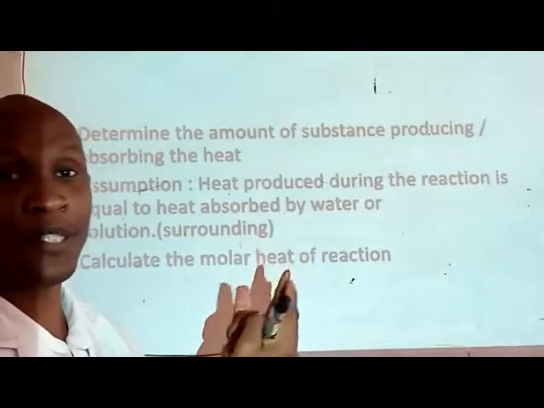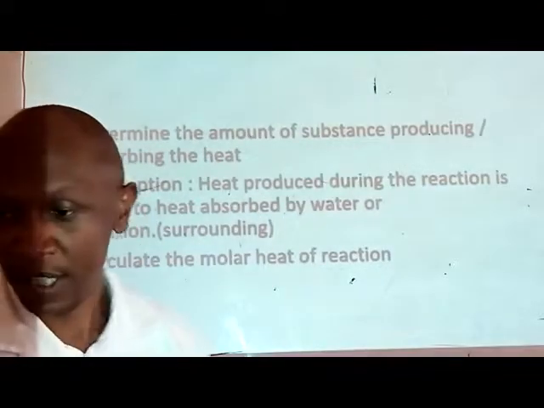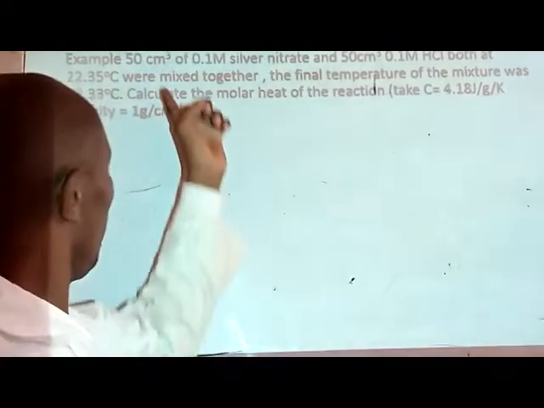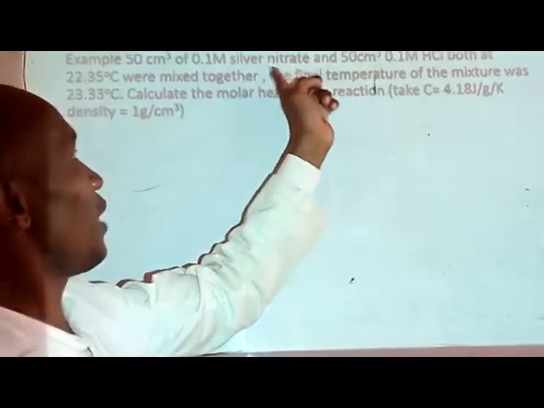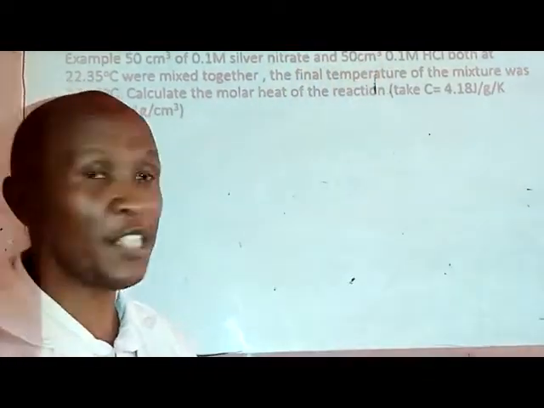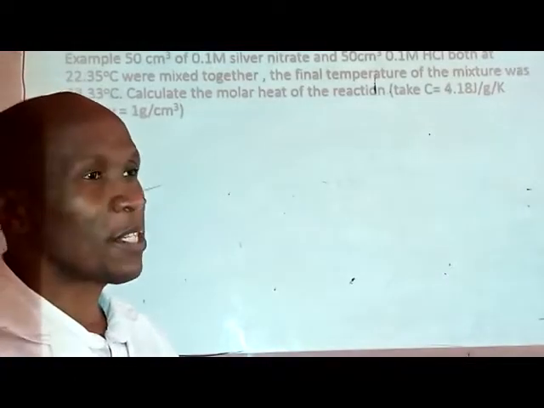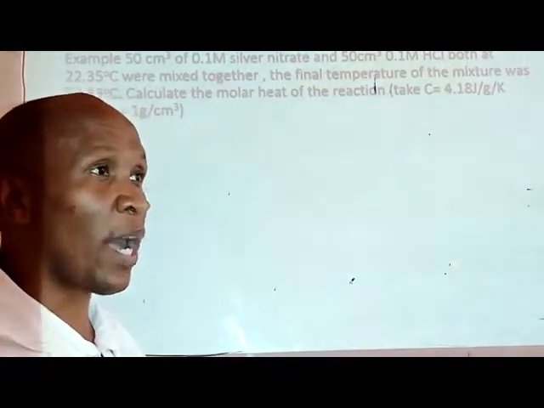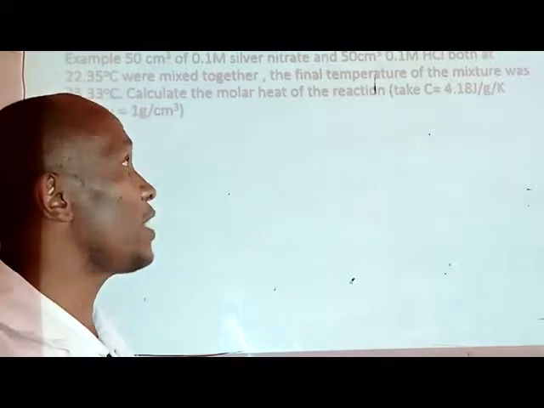So what about 1 mole? And that shall be easy. Let's do an example. The example reads: 50 cubic centimeters of 0.1 molar silver nitrate was mixed with 50 cubic centimeters of 0.1 molar hydrochloric acid.